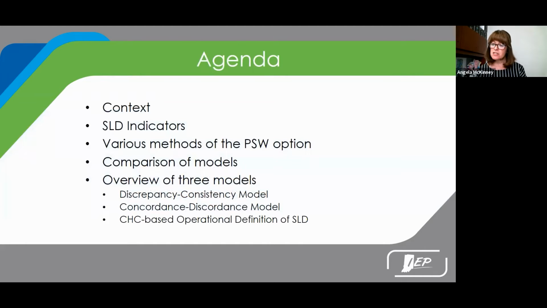Here's how we're going to approach this. We're going to talk about the context of identifying specific learning disabilities, meaning what is allowed by federal law, and then what Indiana has decided to do and how that changed. Then we're going to look specifically into pattern of strengths and weaknesses and the established methods out there for doing this.